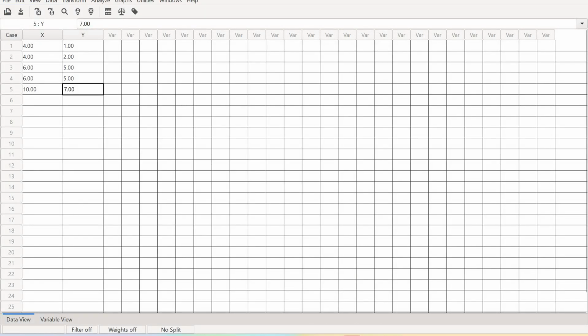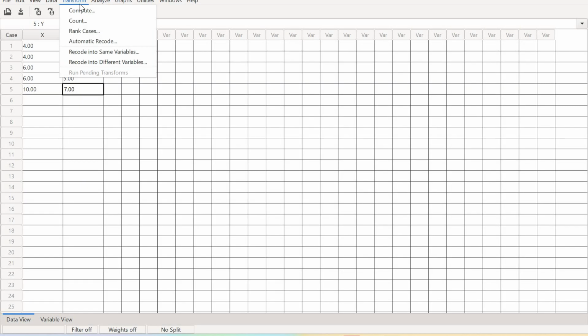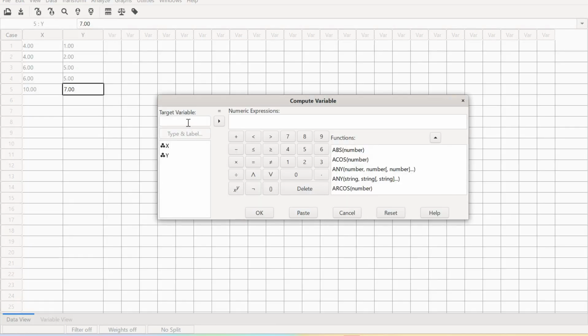For z-score, transform. Here you have transform. Transform, you have compute. I'm going to compute, yeah. First, I'm going to compute the deviation score for x.